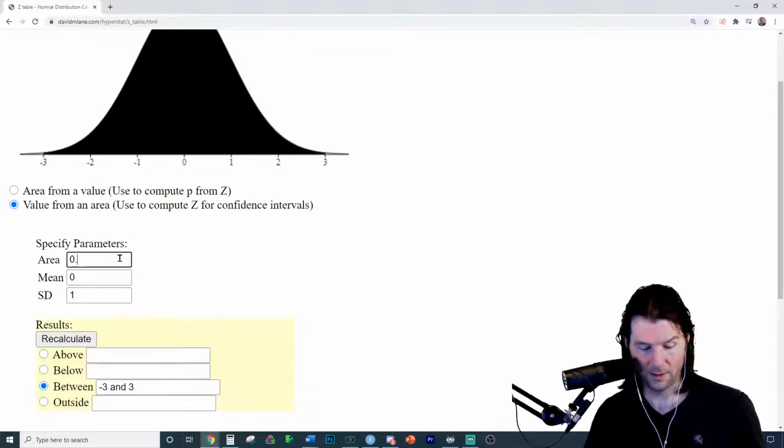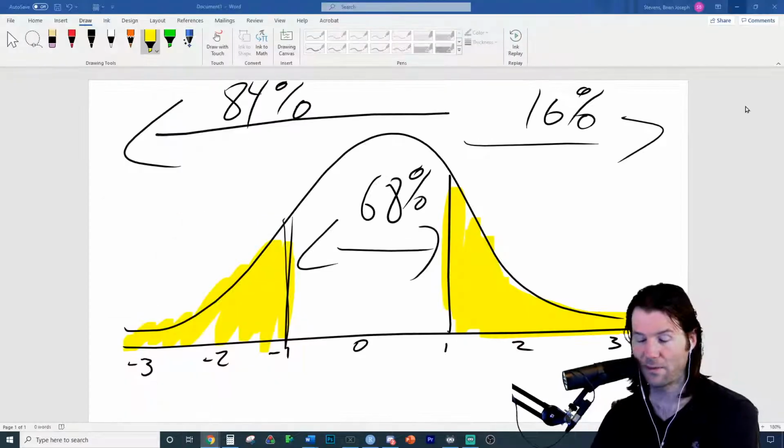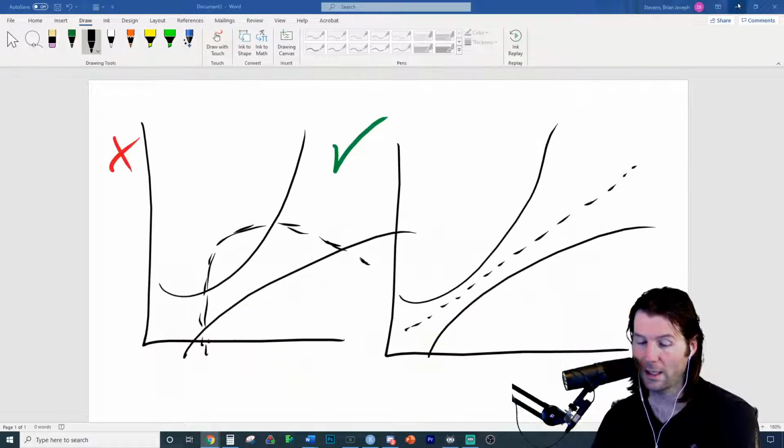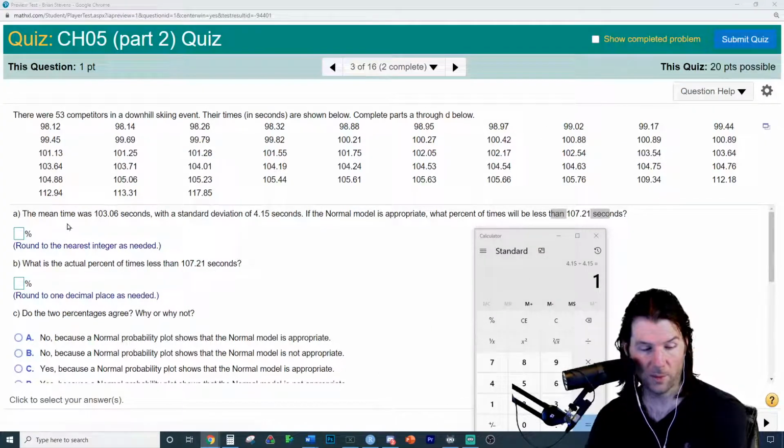And 95 is 95.449, but don't know those numbers. 68, 95, 99.7. So here's the answer. It could be 16 or 84 because 68 inside, 32 outside, and then above 1 is 16%. Practice breaking down the curve with the empirical numbers. We want less than, so that's going to be 84.